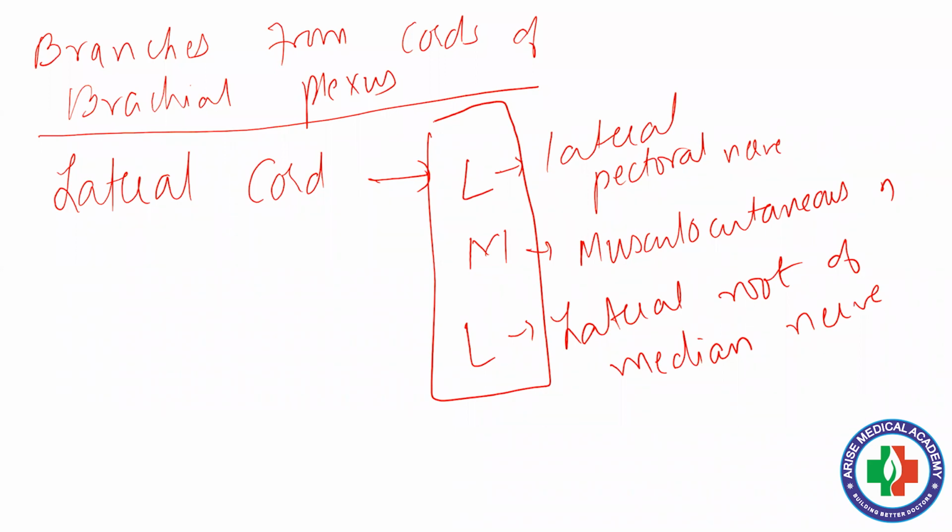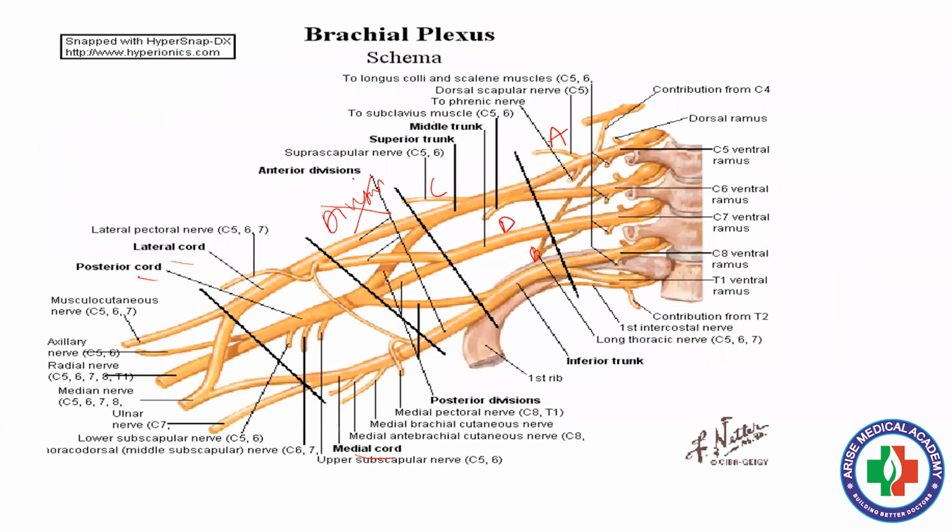So let's see these images now. Concentrate on the images here. They may point out what is A, what is B, what is C, like that. First we are trying to understand the branches of the lateral cord.